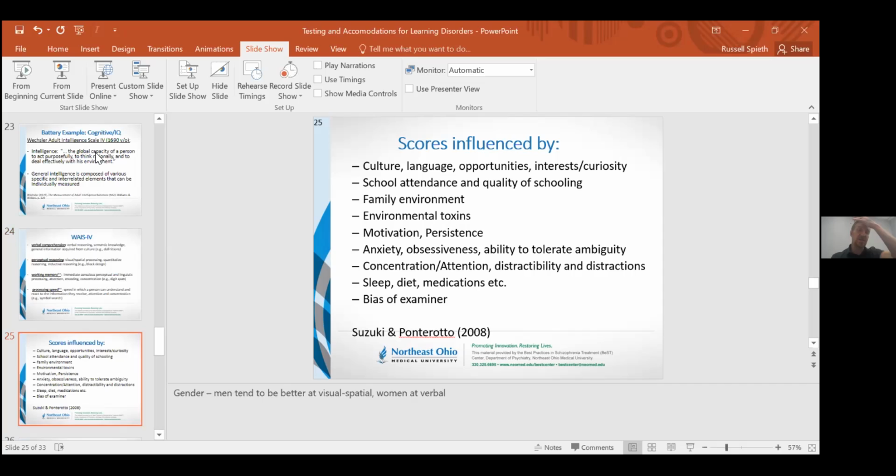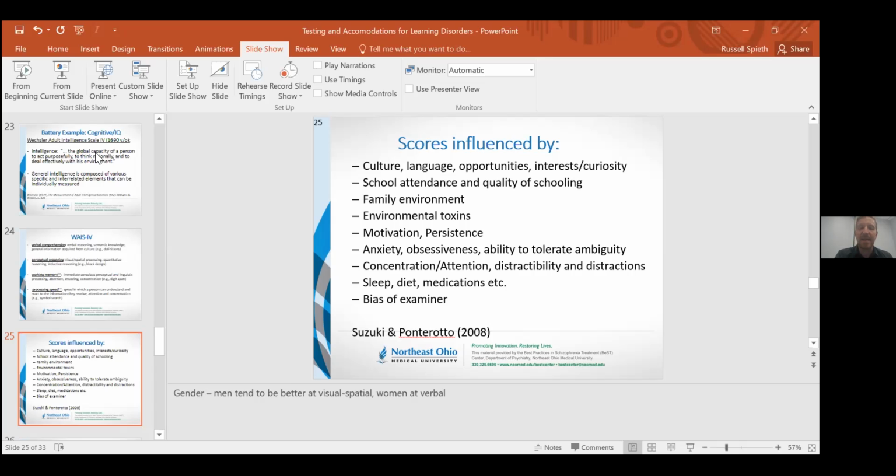So language, culture, opportunities, just general interest and curiosity affect things, which is why there's ways when you're testing folks if English is a second language or maybe they've had very different cultural experiences than the typical quote unquote US student would, that you factor that into your assessment, right? So you just don't treat it like everybody's the same.